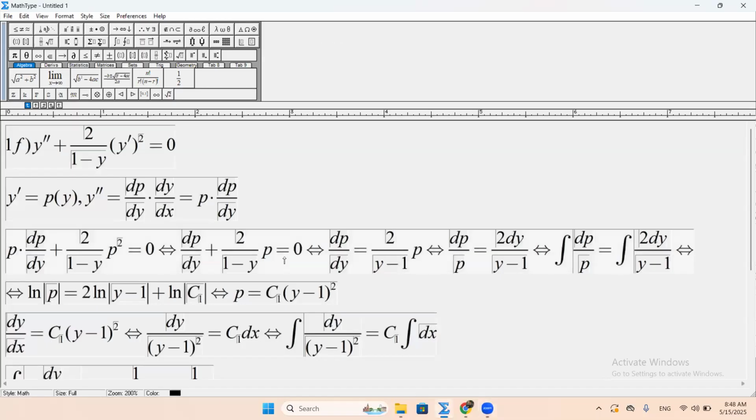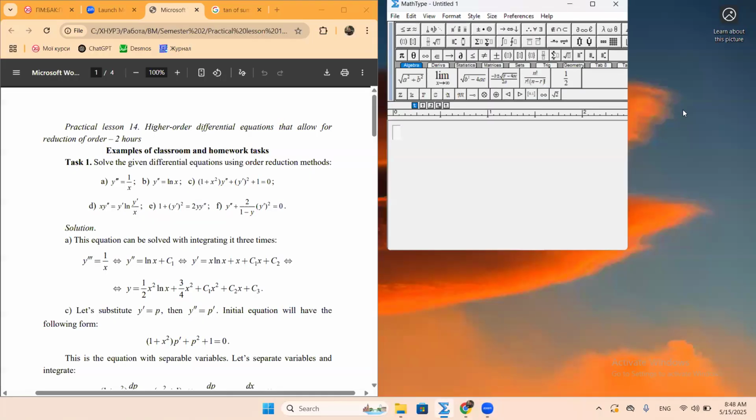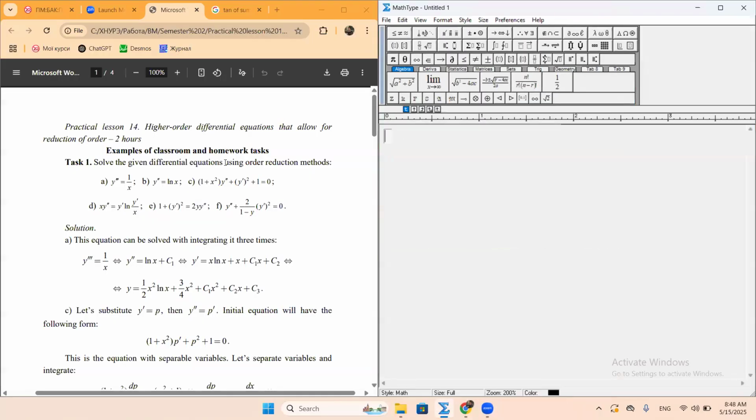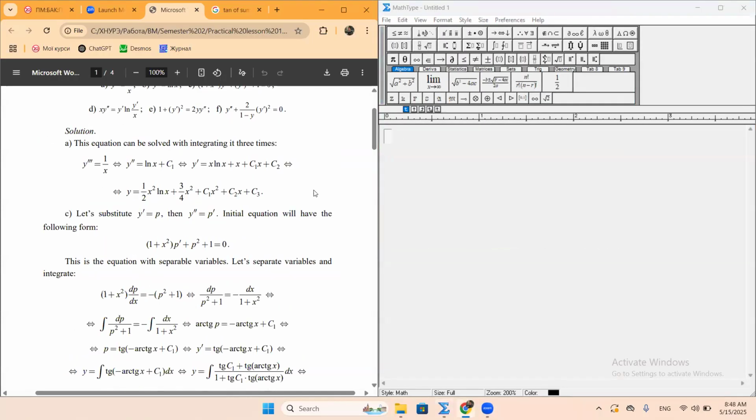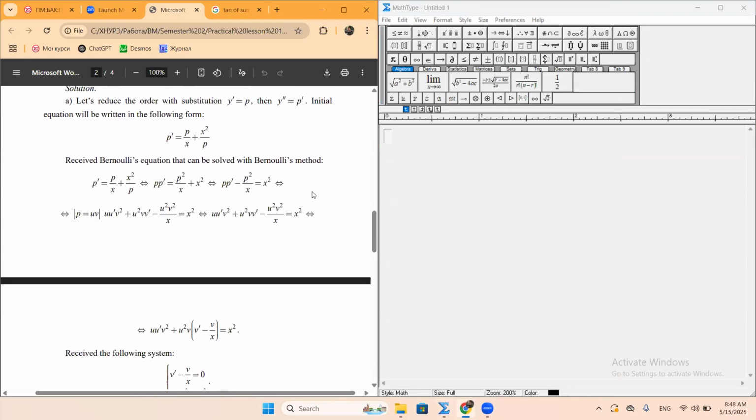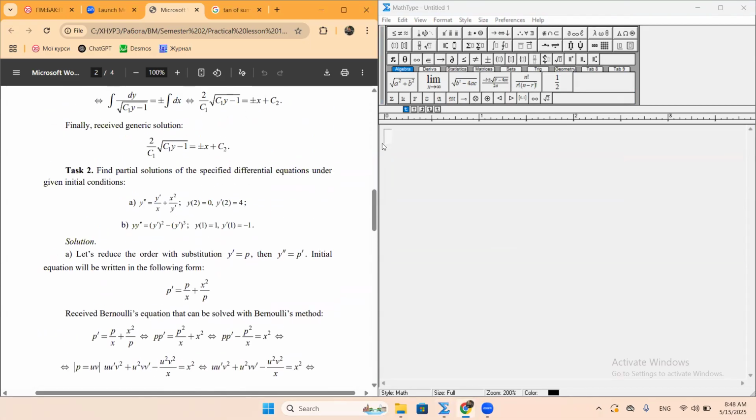We will do the analogical stuff as we did in task one, but we will also have to find the partial solutions of the specified equations under given initial conditions.